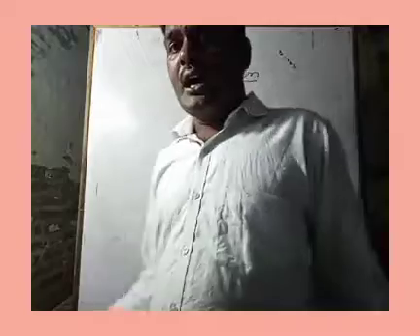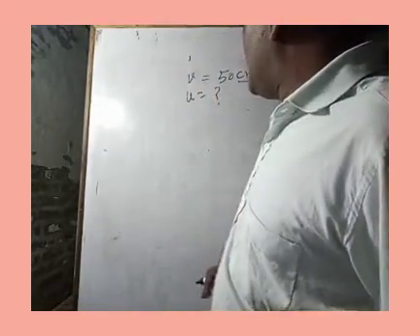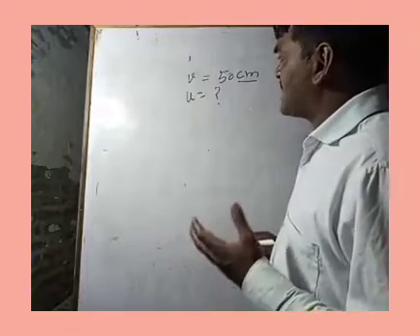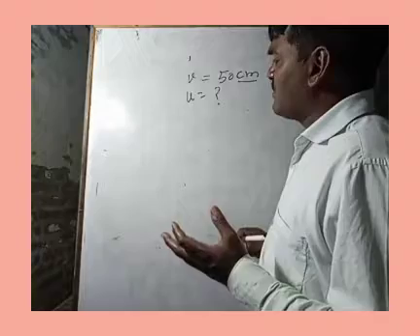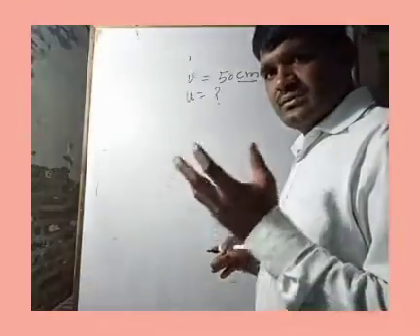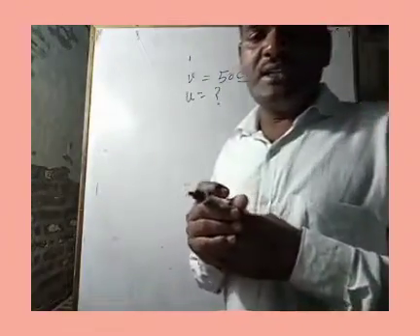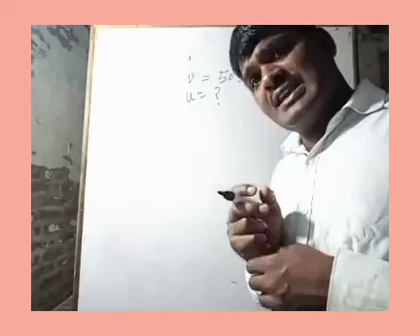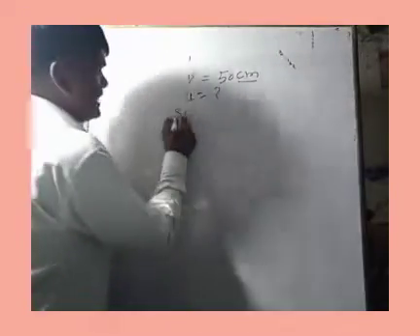Distance of image is given and we need to calculate U. Means if image of an object is formed at a distance of 50 centimeter, you need to calculate where we should keep the object, such that size of the image is equal to size of the object. It is also given.